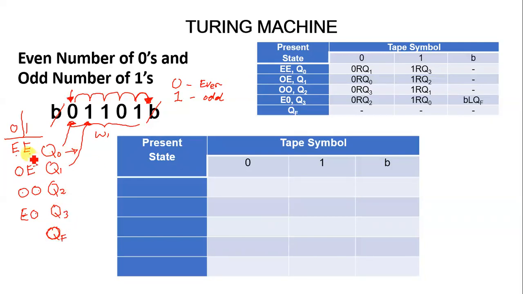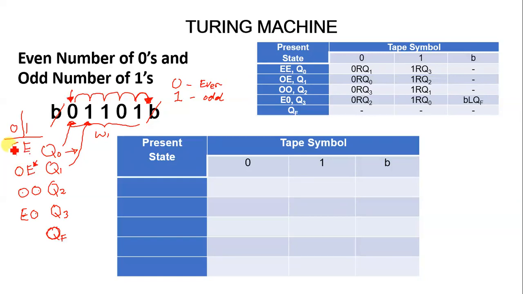So there are four states, and each state has its own status, for example, even number of 0s and even number of 1s, or at Q1 this state, odd number of 0s and even number of 1s.